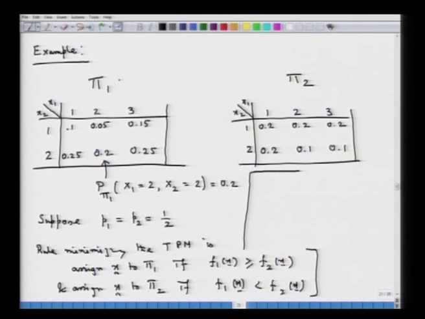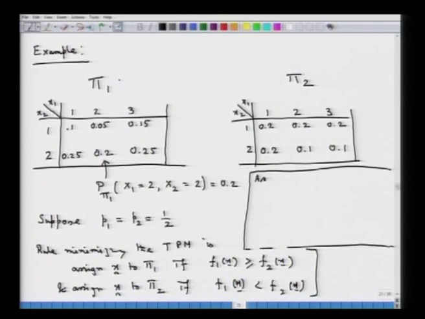Let me write it here because the table is sitting here. So, we will have the following rule. The classification problem based on this TPM rule would be: assign the pair 1 1 if 1 1 comes to where.